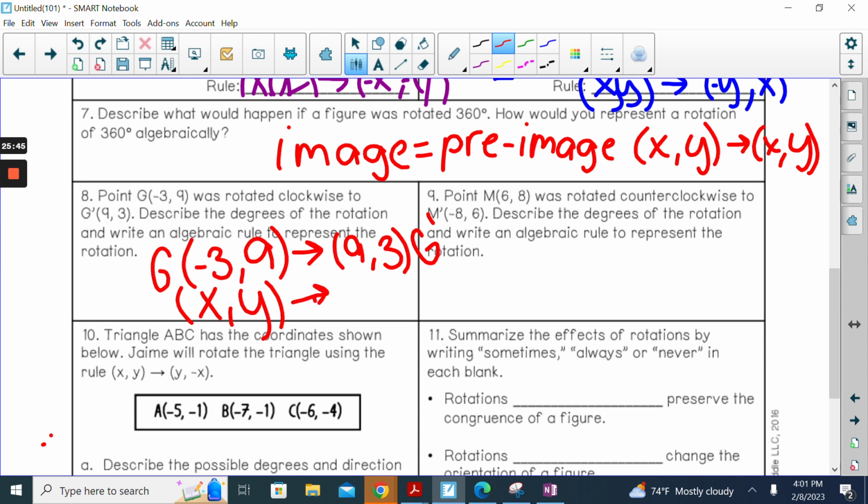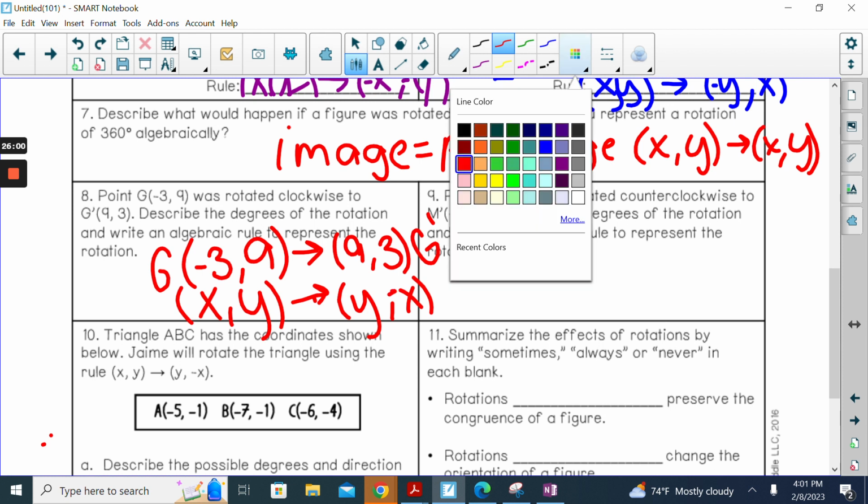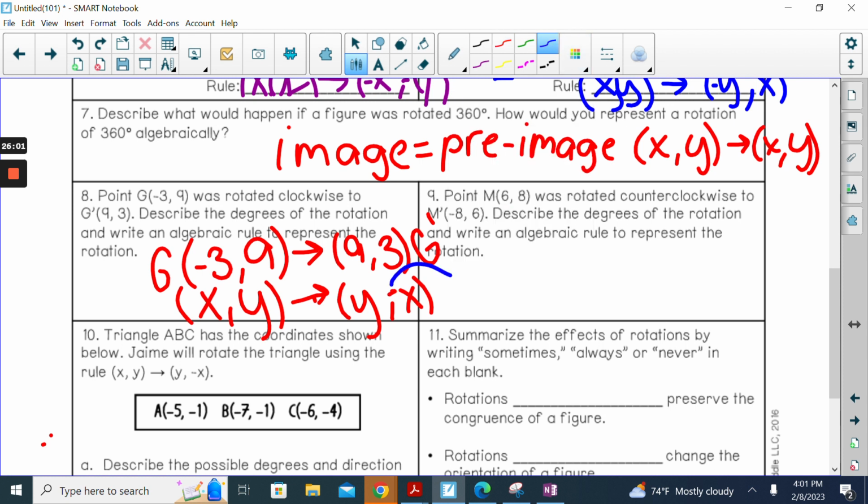So your rule should have looked like (x, y) where y moved to the front and x moved to the back. And when x moved to the back, what happened? It's a sign switch. That's why I've been trying to stress to you guys, it is not always negative x. If you see, we went from negative to positive. It is not negative x. It is the opposite of x. So there is our rule.